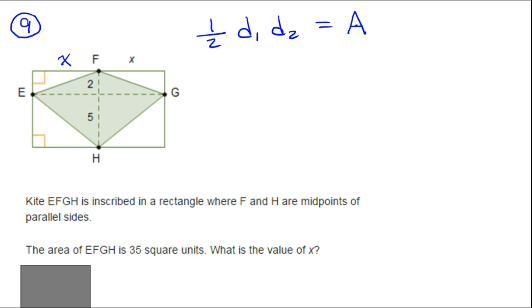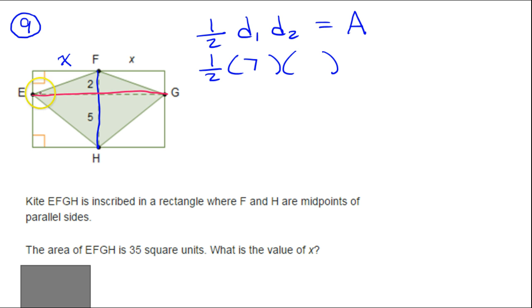So let's substitute everything that we know. So that's going to be 1/2. Now, one of the diagonals is right here. It's the 2 and the 5. That's a total of 7. The other diagonal, let me switch colors for a second, this is the other diagonal.